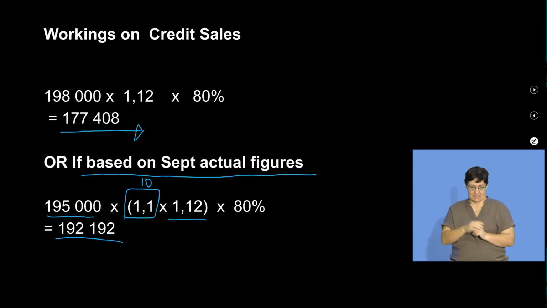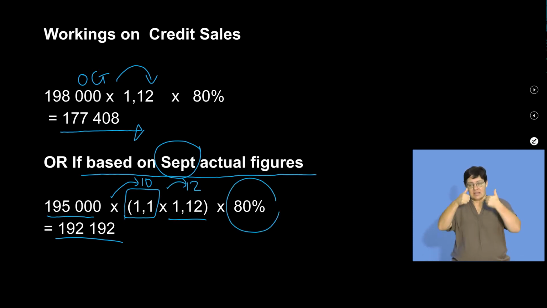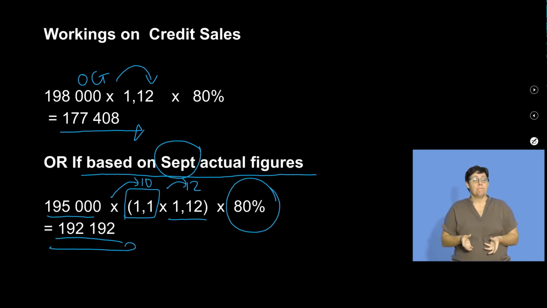So in other words, we actually used the October figure here, and you can see it only resulted in the 12% increase to give us our 177,408. But if you use September figures, you have to first calculate the 10% increase, and then the 12% increase, and then the 80% to give you your total expected figure in terms of your credit sales.